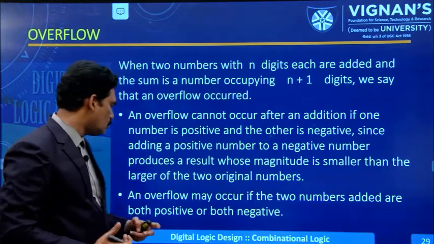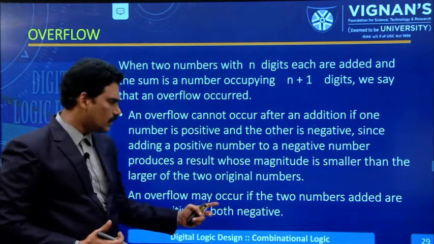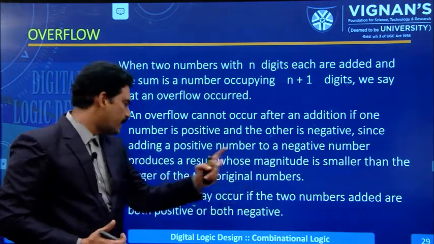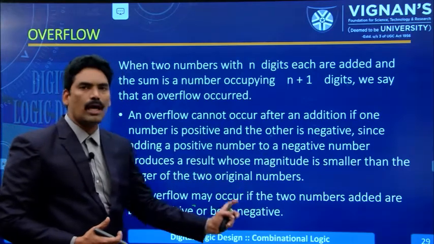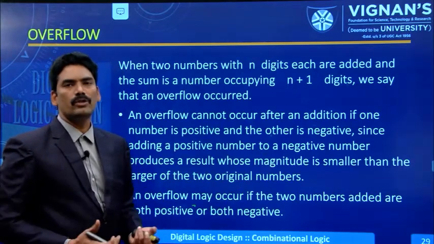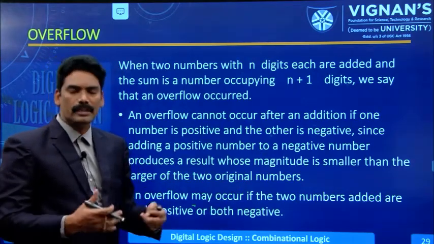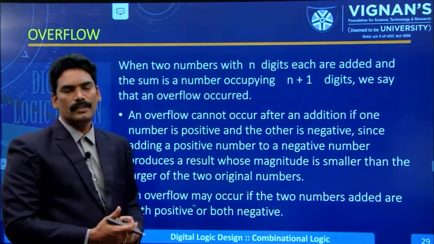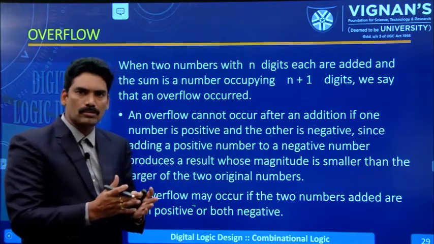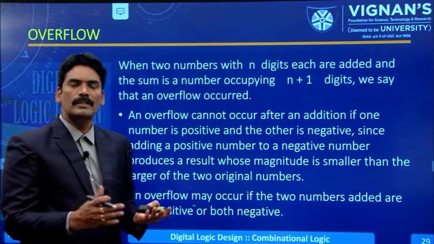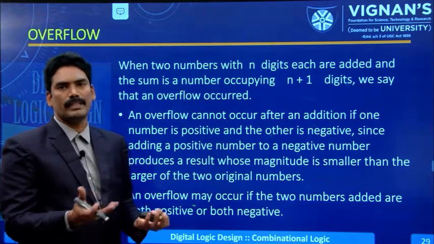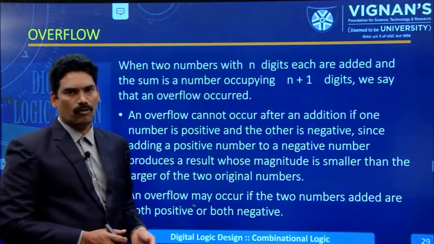An overflow may occur if the two numbers added are both positive or both negative. Then only we can say that an overflow has occurred. There is a chance of overflow if both numbers are positive, and if both numbers are negative, we may expect overflow.